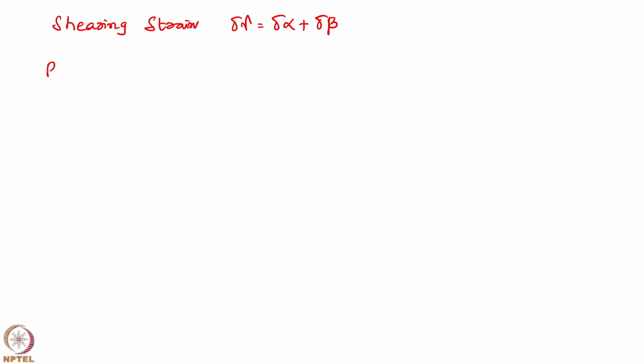So the rate of shearing strain, gamma dot, is equal to the limit as delta t tends to 0 of delta gamma by delta t.